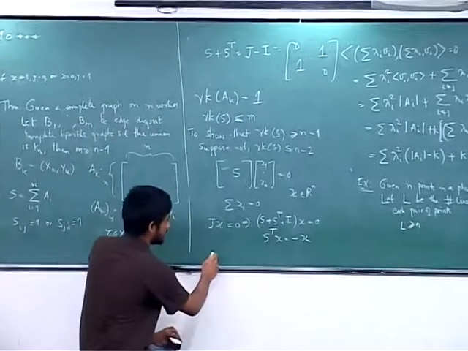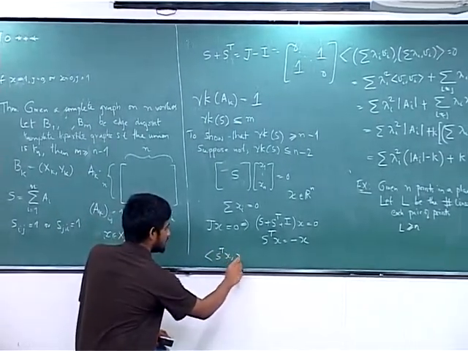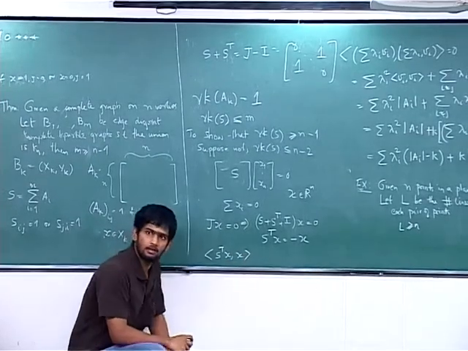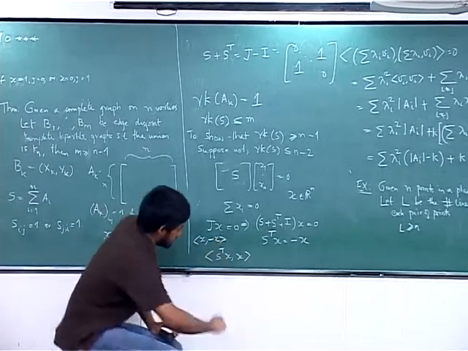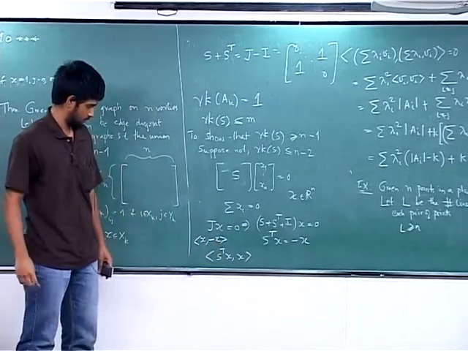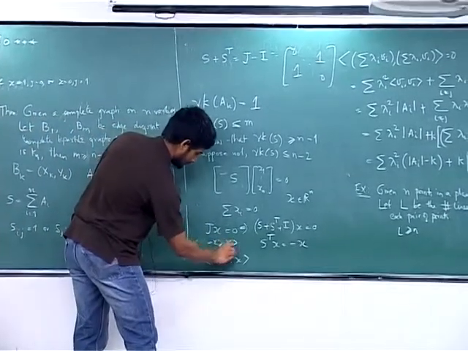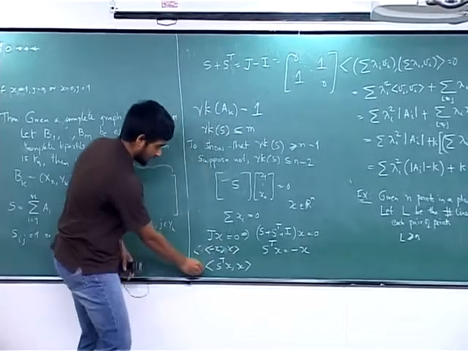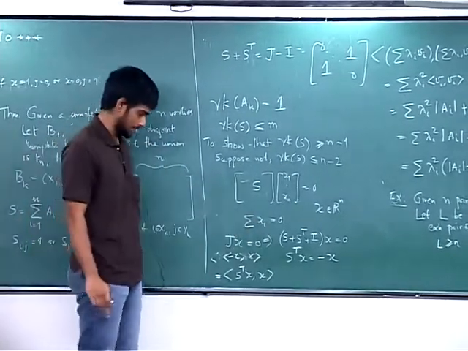Look at this inner product. This is the same as x and minus x, right? Or say minus x and x, right? This inner product is equal to this because of whatever assumptions you have made.